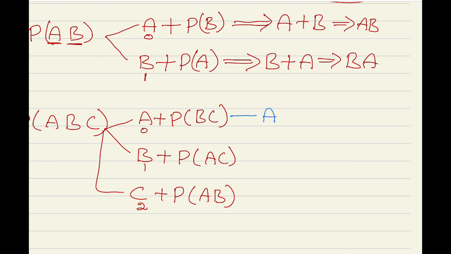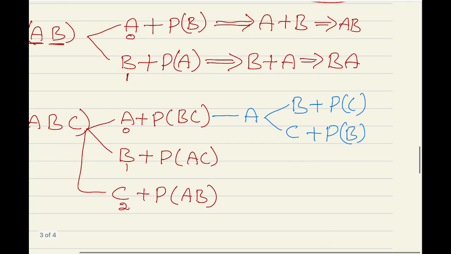So A is there initially. Here we can select B, then the rest one is C, or we can select C and the rest one is B. So P of C is C. So this is going to give A, then B, then C. So here we can write A, B, C. Now here you can observe P of B is B. We have already discussed.